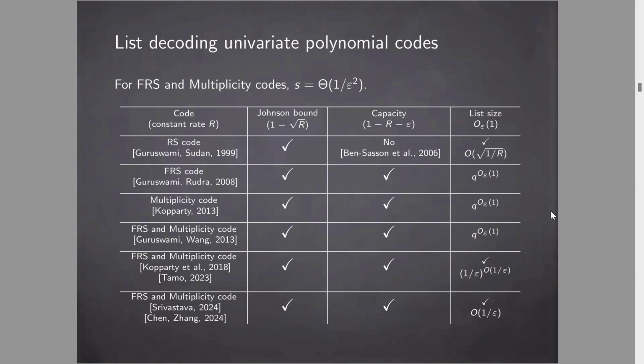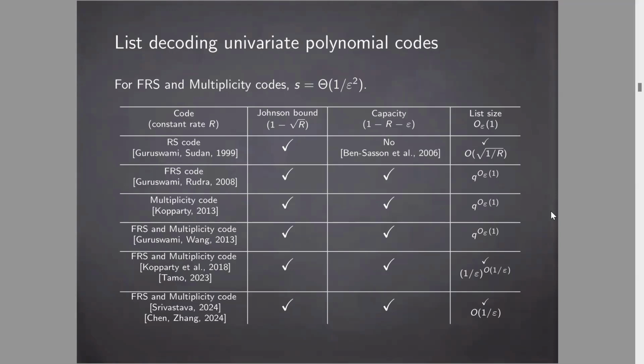And we are interested in such performance where the output list size is really a constant, which might only depend on the gap to capacity, epsilon, and nothing else. The folded constructions, the FRS code and the multiplicity code, we now know can be list decoded up to capacity, in fact. Previous results by Guruswami, Rudra, and Kopparty, and Guruswami and Wang gave us list decoding algorithms which promised an output list size that is polynomial.